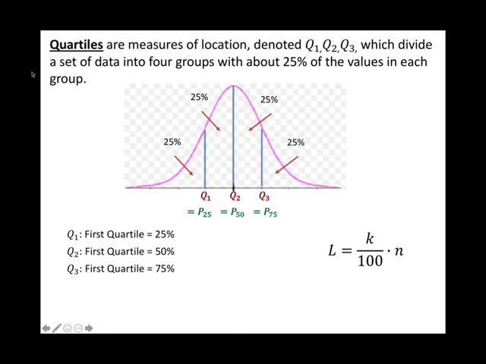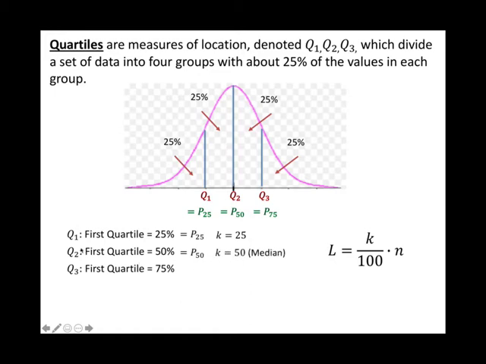So if you want to find the quartile, we apply the same procedure and the same formula as for the percentile. If you want to find Q1, since this is equivalent to P25, when you use this formula you plug in K equals 25. If you want to find Q2, this is equivalent to P50, so your K equals 50.